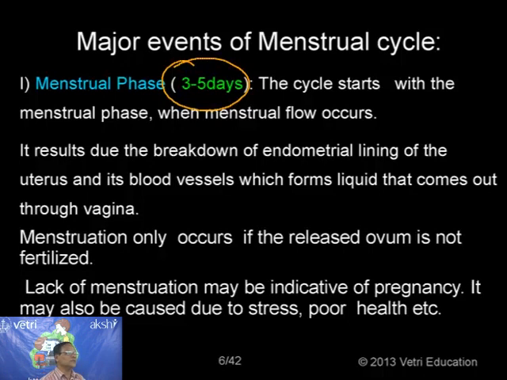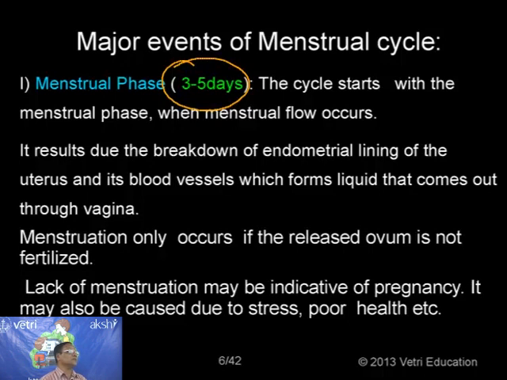So what is the reason for the menstrual flow? This is the identification that one cycle has been completed and another has started. The menstrual flow is due to the breakdown of the uterine endometrium. During the previous cycle, some striking changes take place in the endometrium. The endometrium becomes thickened and acts as a cushion, a bed for receiving the fertilized egg.